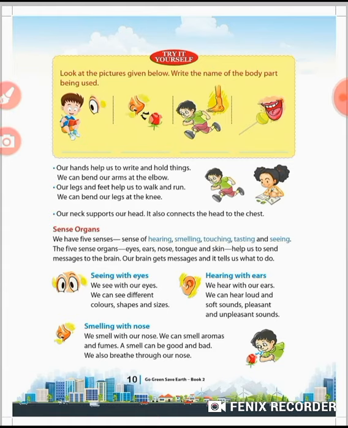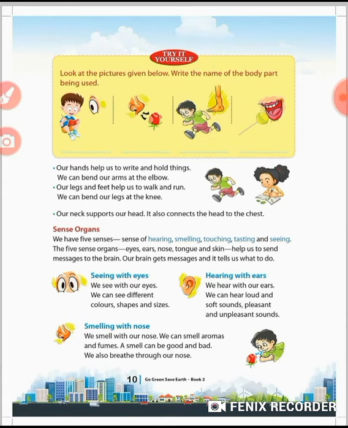The 5 sense organs: eyes, ears, nose, tongue, and skin help us to send messages to the brain. Our brain gets messages and it tells us what to do.